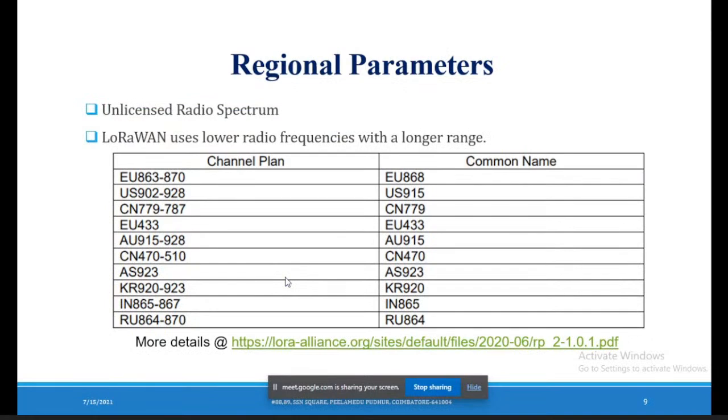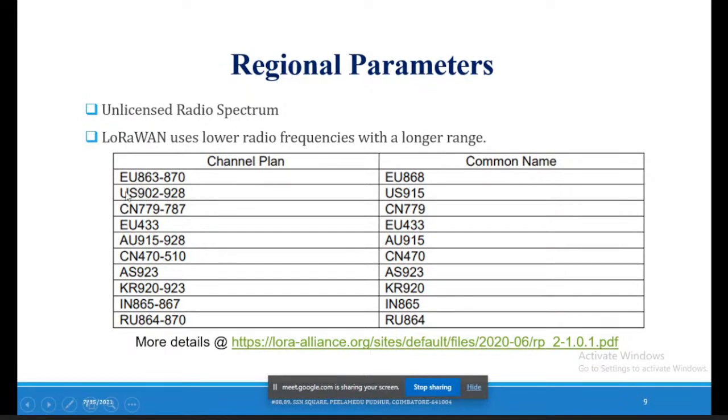While starting the first slide itself, I mentioned that it is using the ISM band, which is nothing but an unlicensed radio spectrum band. Depending upon regions, the region authorities themselves allocate these frequencies. For the Indian region, you can see the regional specs here.